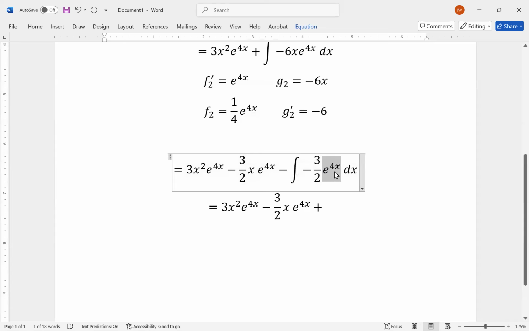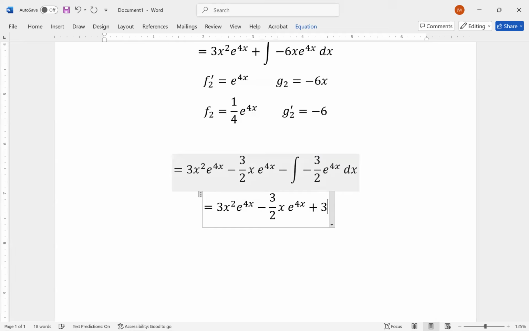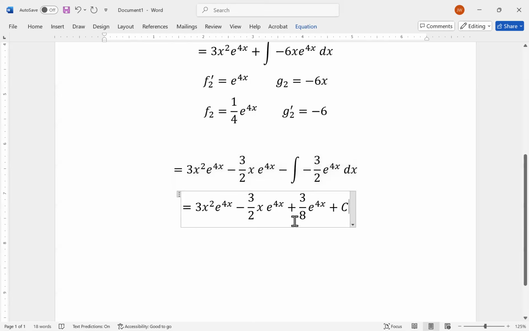So we're going to get e to the 4x divided by 4. 3 halves divided by 4 is a 3 over 8. Negative times negative gives you a positive 3 over 8. So 3 over 8 e to the 4x is my last term in front of the plus C. And that is my final answer.